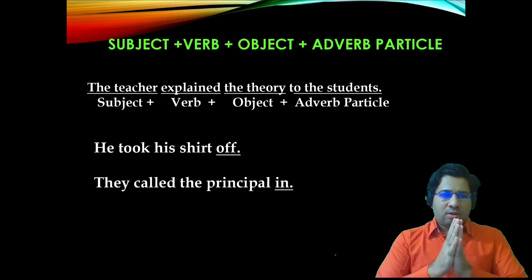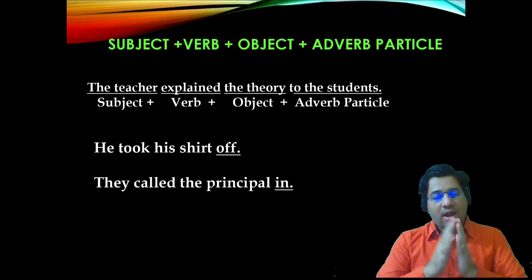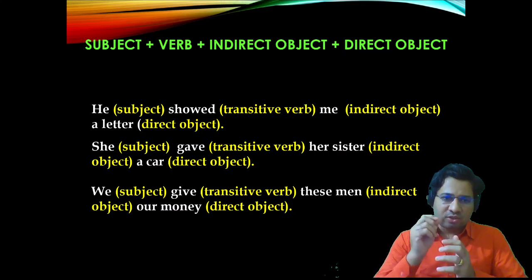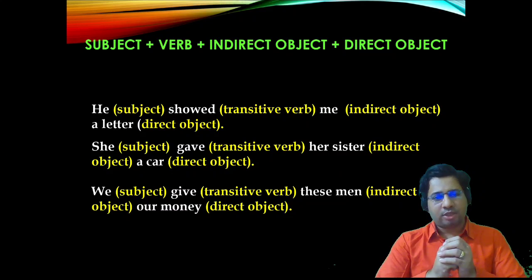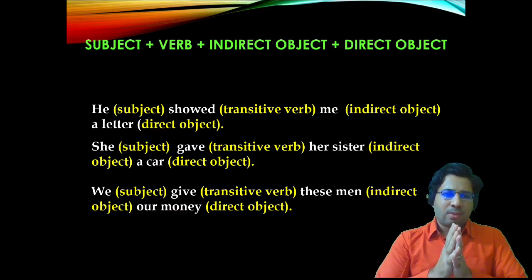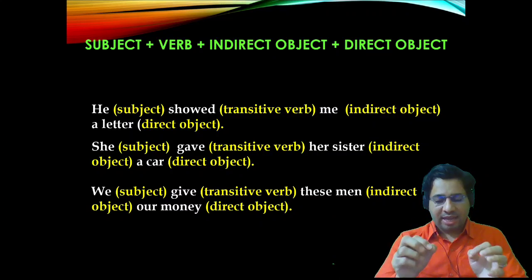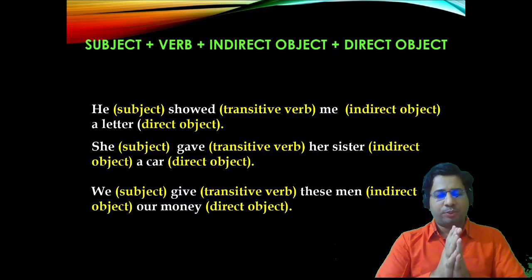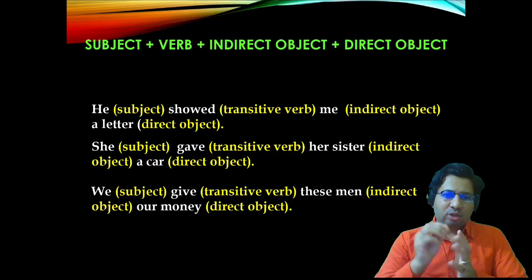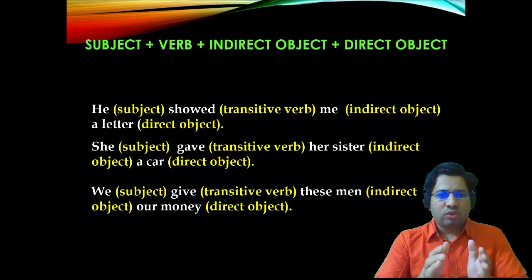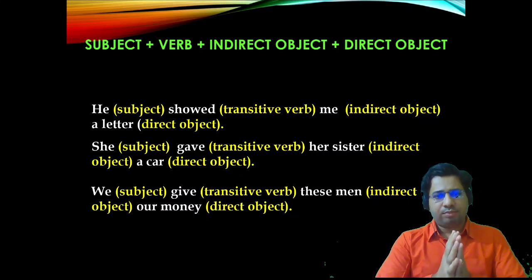Now let us look at another sentence pattern, that is subject plus verb plus indirect object plus direct object. Many verbs can be followed by two objects, an indirect object and a direct object. The indirect object usually refers to a person and the direct object usually refers to a thing.